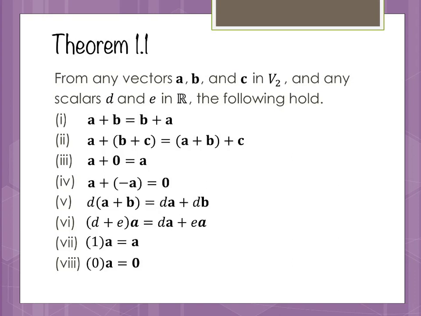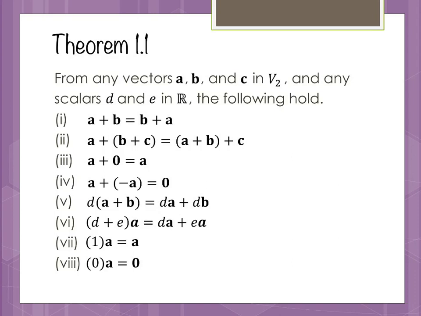A couple things you might notice in how this is typed: do you see on line V, number 5, how there's a script D and then the A and the B that are bolded and not script? Do you notice that? What your book does, and this is a pretty common convention, is that if it's a vector, it does it in bold and it doesn't look slanted.